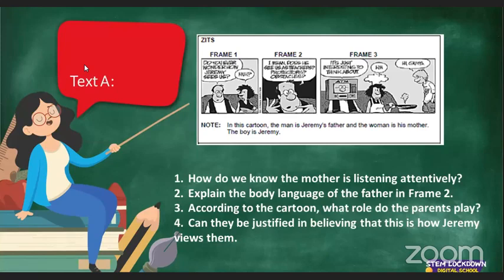Guys, I'm going to teach you as we go along how to answer justification questions. What justifies them to believe that Jeremy views them like this?